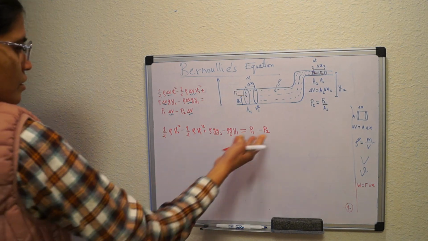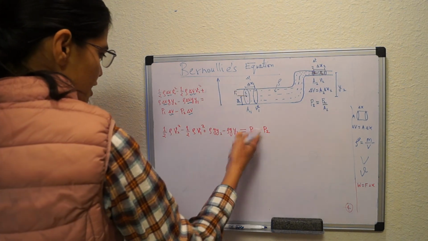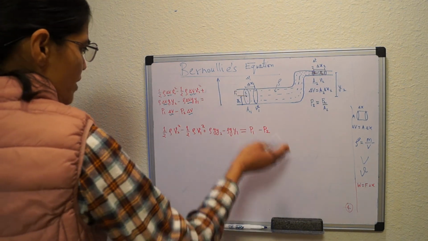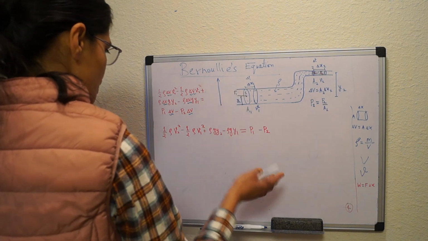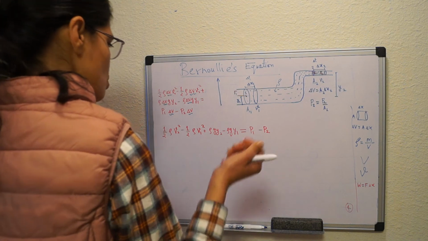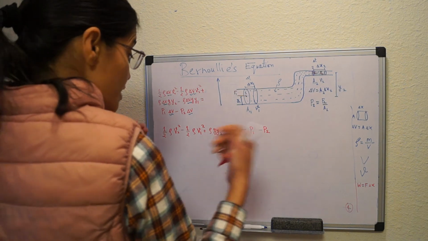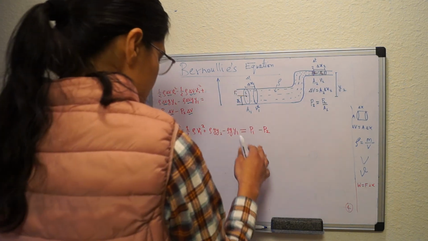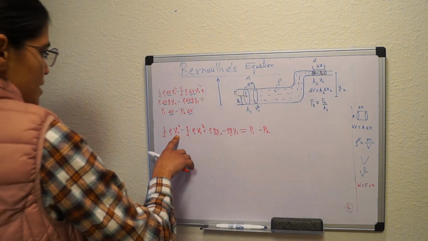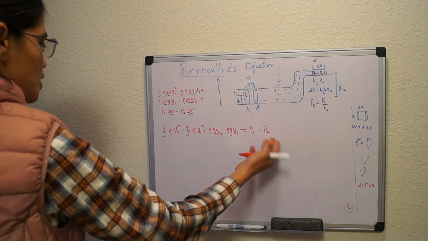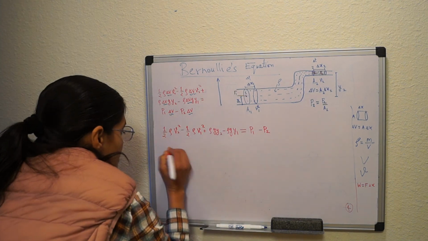Alright guys, since we have the subscripts 1 and 2, let's rearrange this equation so that everything that has to do with point 1 is on one side, and all the quantities that have to do with point 2 are on the other side, okay? Since I have P2 as a positive here, I'm going to move it to the left-hand side.